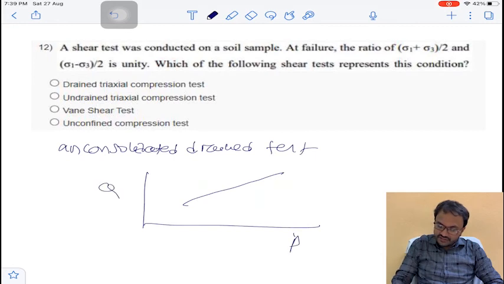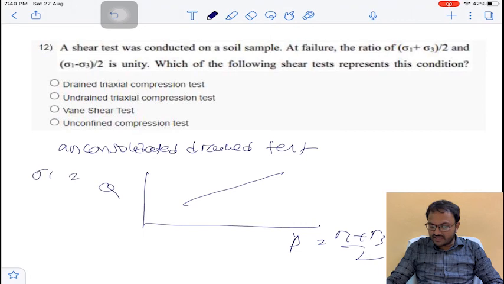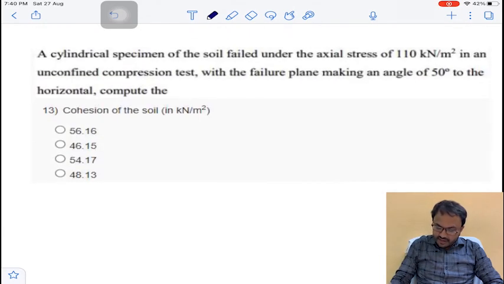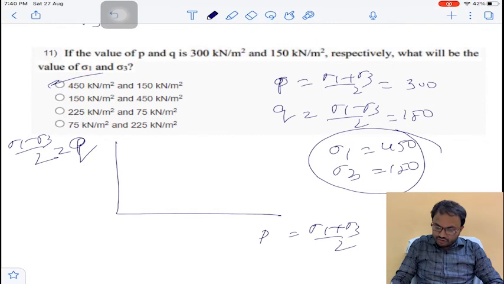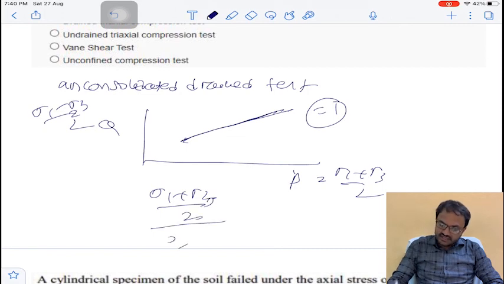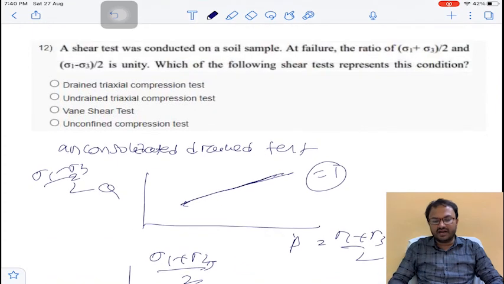Q is equal to sigma 1 minus sigma 3 by 2. Slope of this stress path is equal to 1. Okay, so the slope here it is sigma 1 plus sigma 3 by 2 plus sigma 1 minus sigma 3 by 2 is equal to 1. So consolidated drained test. So option A for question number 12.